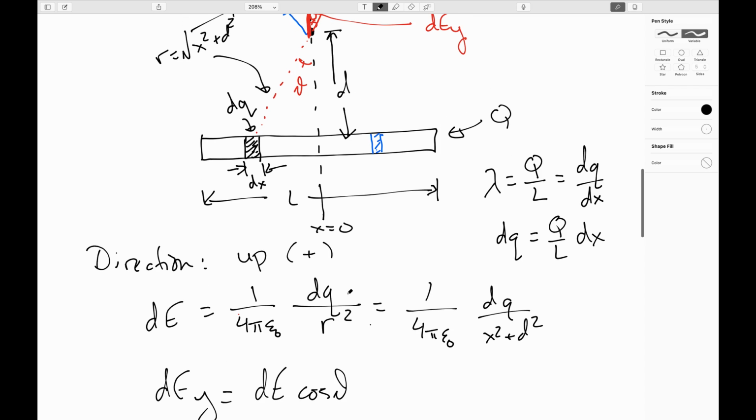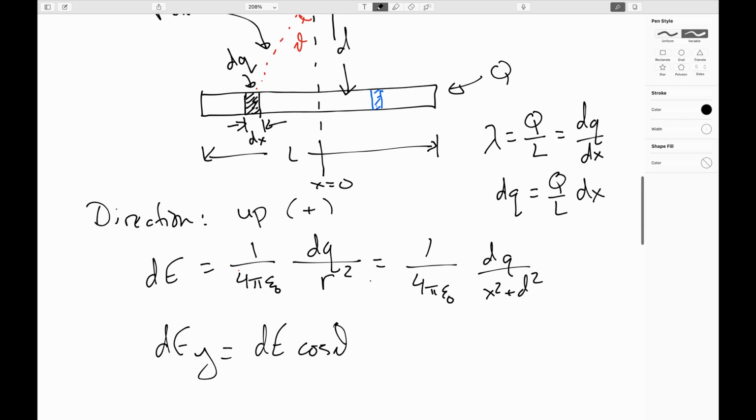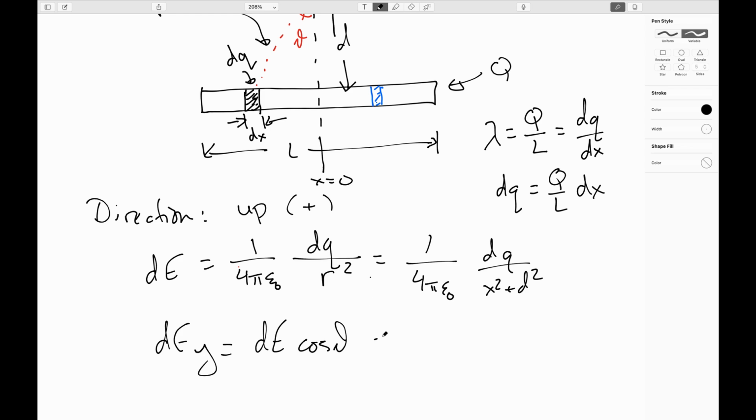Now, the cosine of theta is equal to the adjacent over the hypotenuse. So the adjacent is d, and the hypotenuse is that square root. So this will be dE times d over the square root of x squared plus d squared.